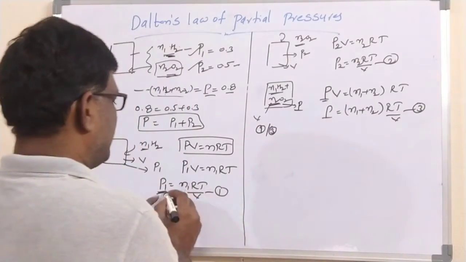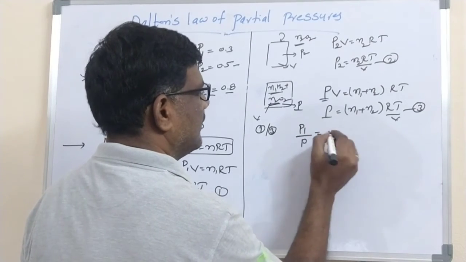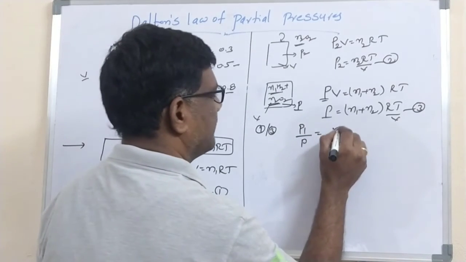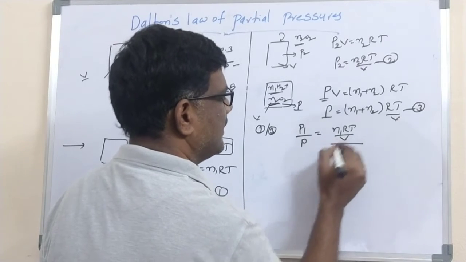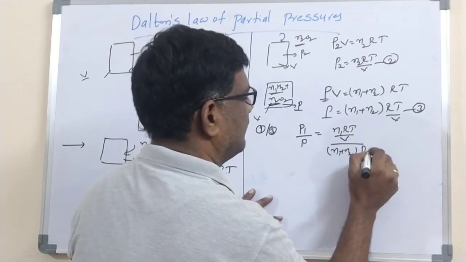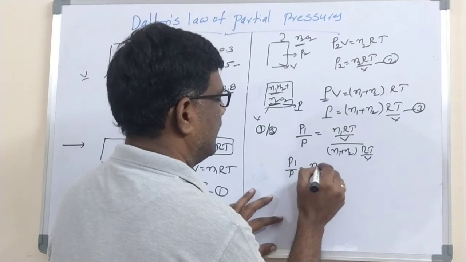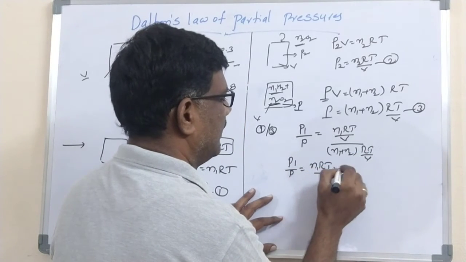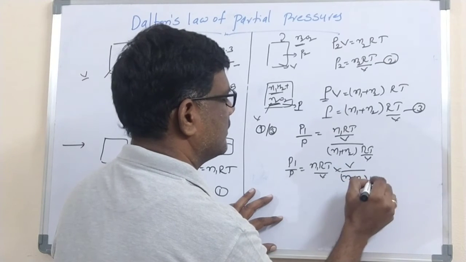So 1 divided by 3. On this side P1, and this side P, equal to N1 RT by V divided by the total pressure, which is N1 plus N2 RT by V. So now P1 by P is equal to N1 RT by V into V by N1 plus N2 into RT.